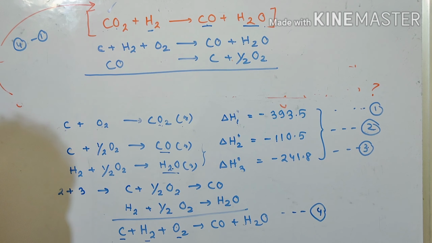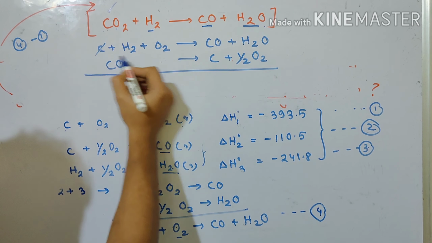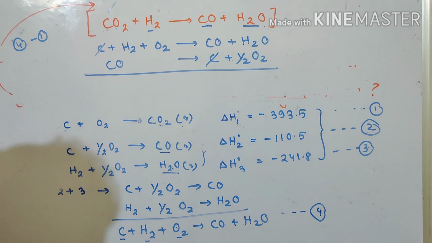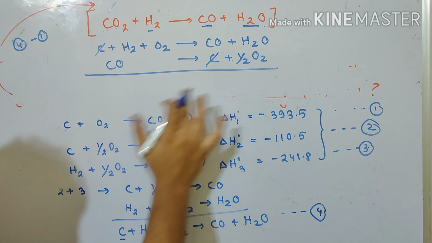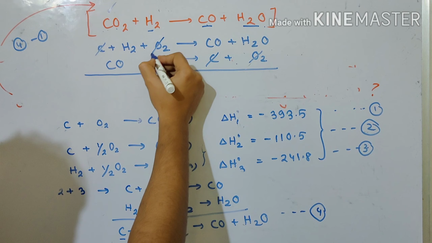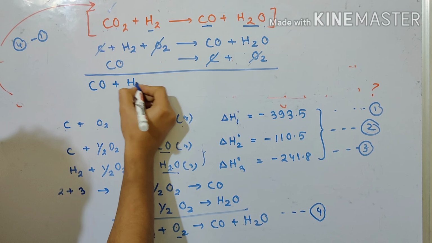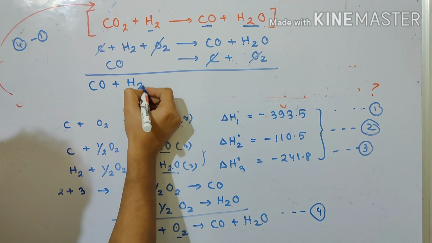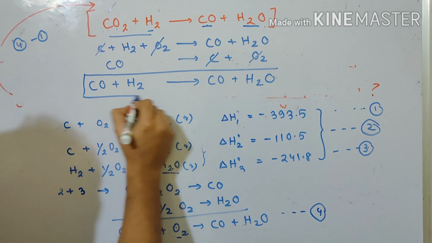See it now. This will cancel out. This is not half, this is only oxygen. This will also cancel out. So it remains on the left hand side CO plus H2, giving rise to CO plus H2O. So I am getting my desired equation.